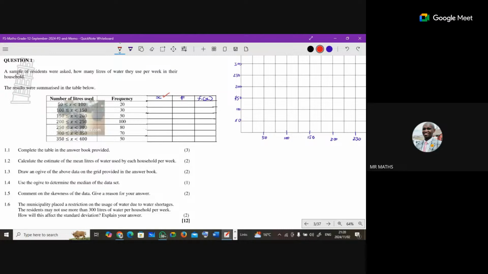Lo x umele number of liters used. Sizamfumana njani? Kan just nje lo kuqala. Xa sibe ku-20 uqala. Sibeka bani? 20.